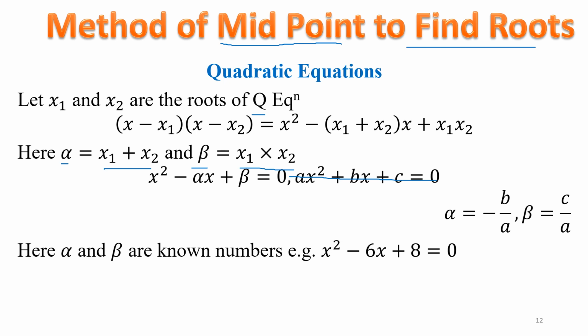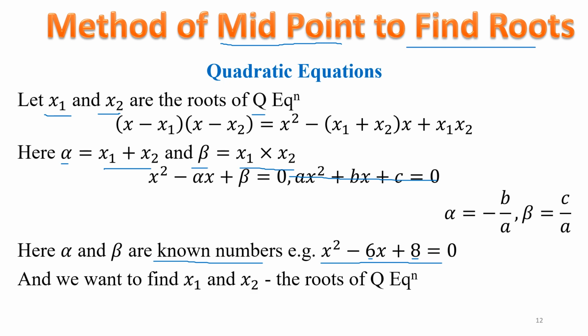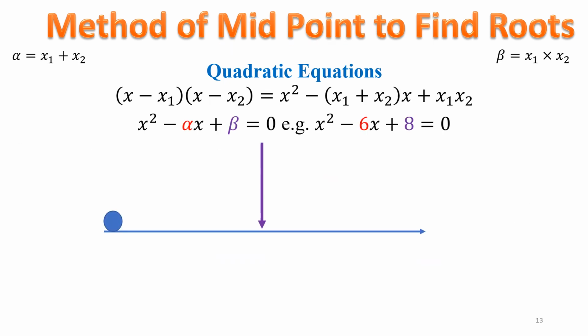Now alpha and beta are known numbers. If we are handling an equation x squared minus 6x plus 8 equal to 0, then obviously alpha is 6, beta is 8, and these are the known numbers. What is unknown is x1 and x2, which are roots of the equation. Now we are interested in finding x1 and x2 for the given quadratic equation by the midpoint method.